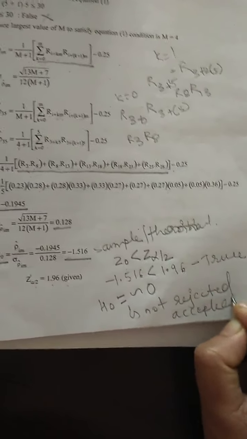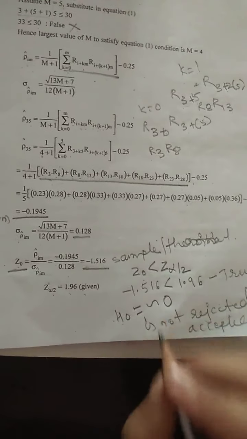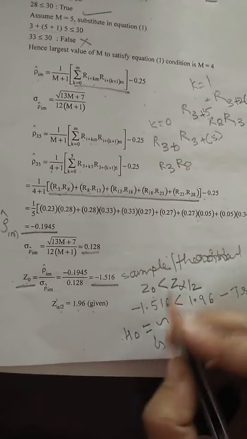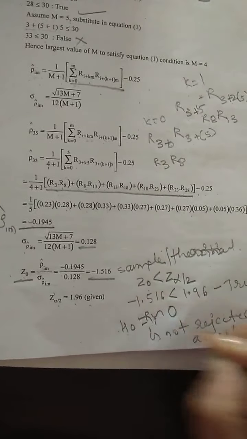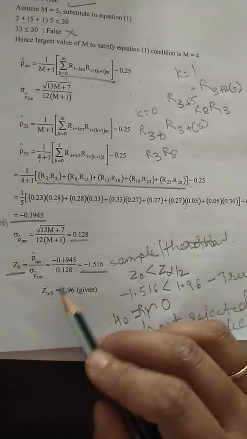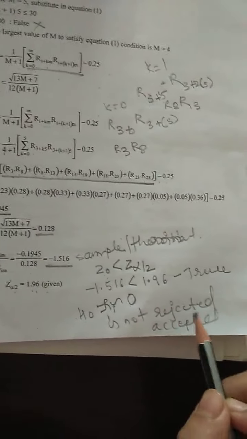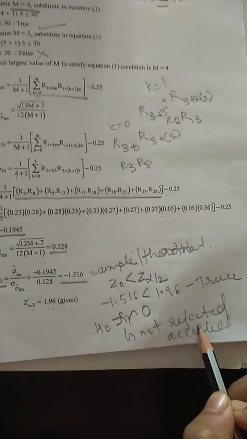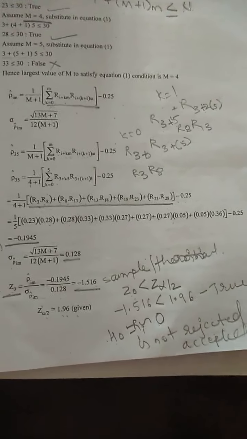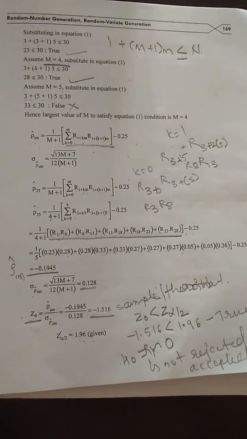This conclusion we have to write: the null hypothesis, that the random numbers are independent of each other, is not rejected, because the value of z naught is less than the critical value. So these are the tests for finding out whether the numbers are independent or not.